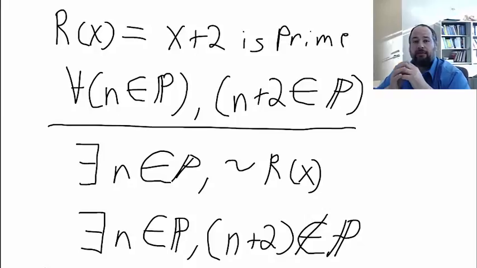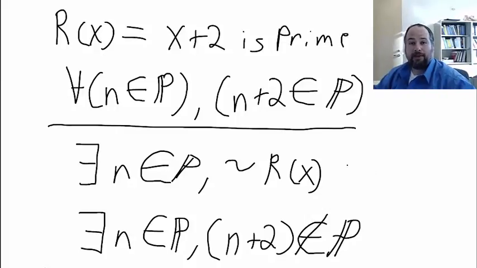Two different ways of saying the same thing. The key thing I want you to get from this is that the negation of for all is not for none. The negation of for all is that there exists at least one example for which this is not true. That's the negation.